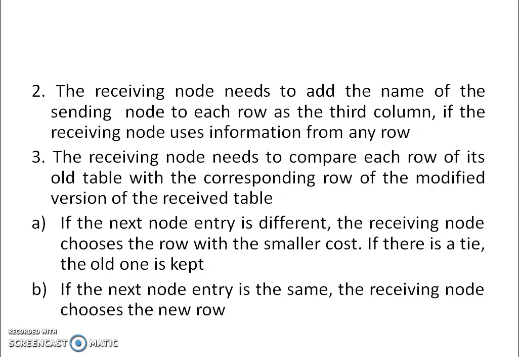The receiving node needs to compare each row of its old table with the corresponding row of the modified version of the received table. If the next node entry is different, the receiving node chooses the row with the smaller cost, and if there is a tie, the old one is kept. If the next node entry is the same, the receiving node chooses the new row.